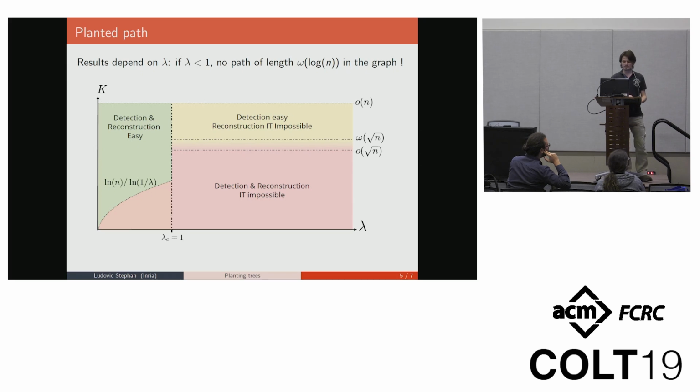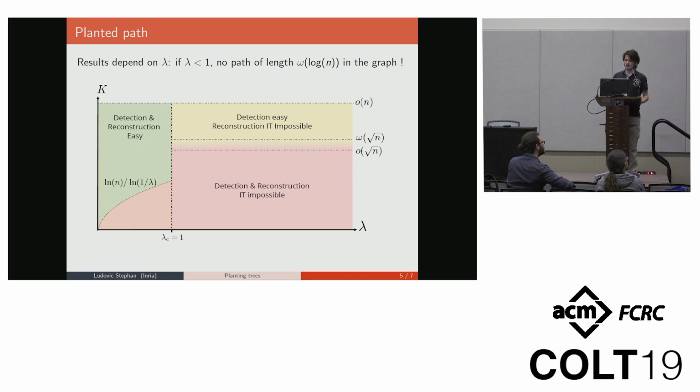But the interesting tidbit is that reconstruction is actually completely impossible whenever k is much less than n, which means that there is no estimator that can achieve an overlap which is not small compared to k. So we cannot hope to recover even a small fraction of the vertices.